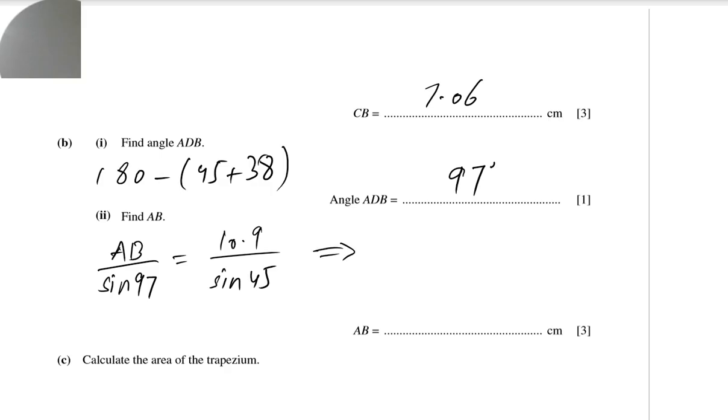So our AB would be 10.9 sine of 97 over sine of 45. 15.3 would be our answer.